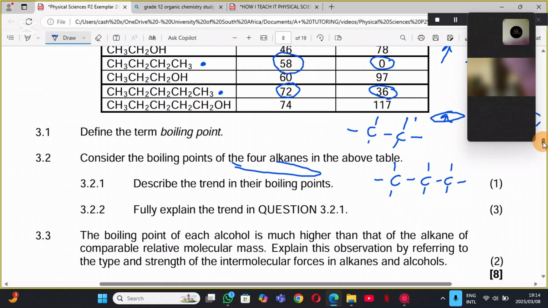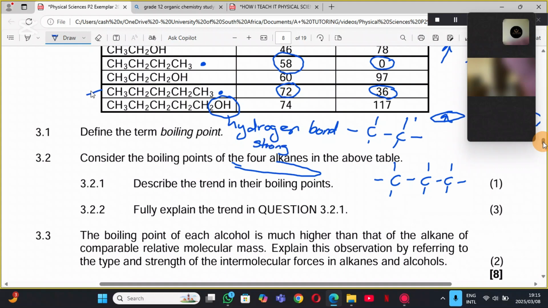Is it London? No, remember we say that for alcohols we have an OH, right? And OH is what? Is it hydrogen? Yes, it's a hydrogen bond, meaning it's strong.